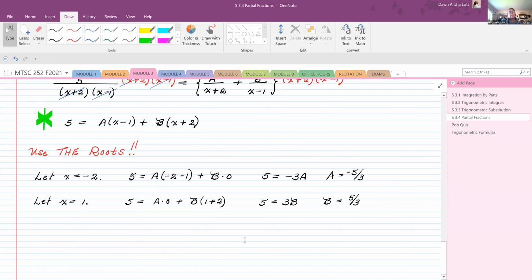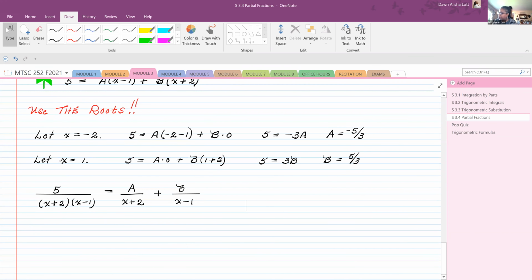Now we know A is -5/3, and we know B is +5/3.